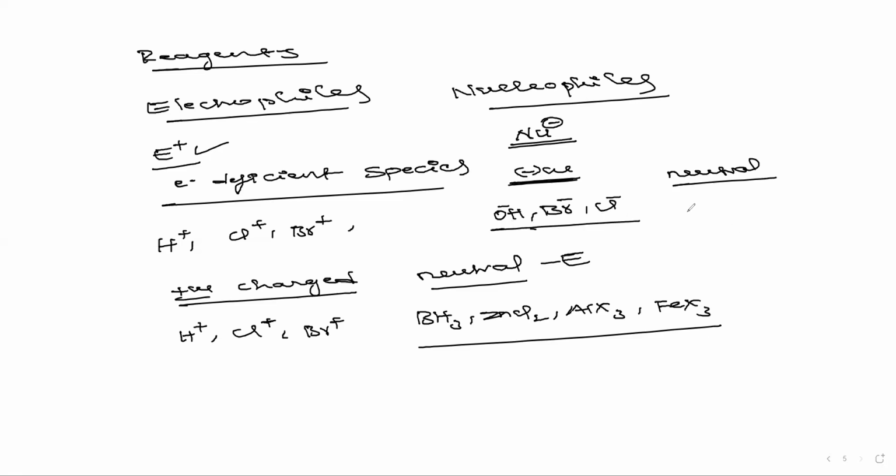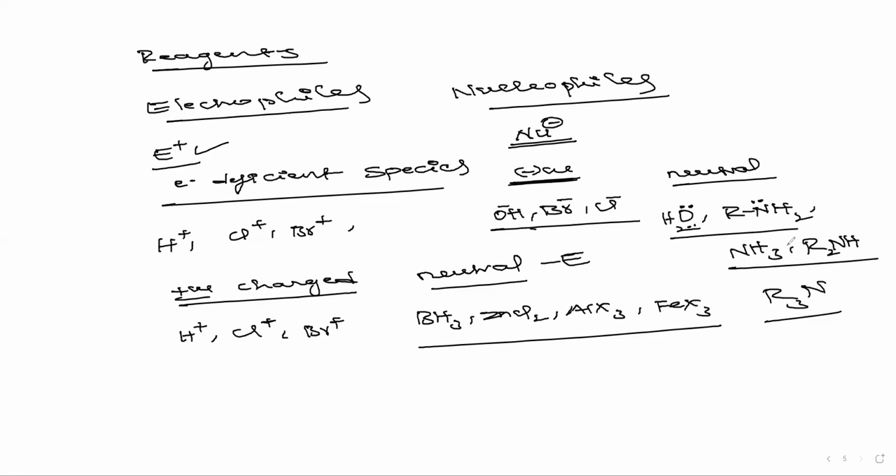Neutral ones are, for example, oxygen compounds and nitrogen compounds, because oxygen has two lone pairs of electrons, nitrogen has one lone pair of electrons, and ammonia, R2NH and R3N all come under neutral nucleophiles. There is no charge, but it acts as a nucleophile because it has a lone pair of electrons.